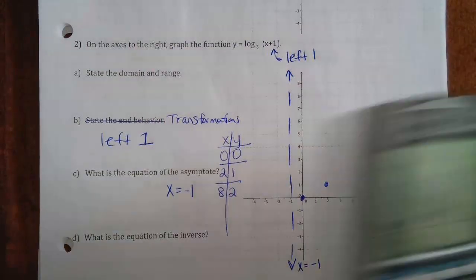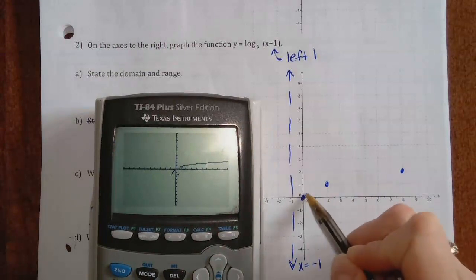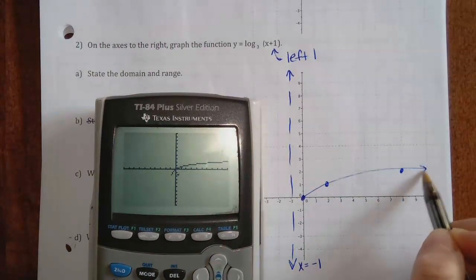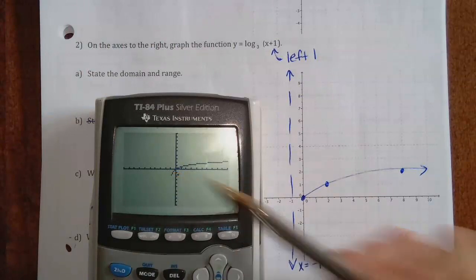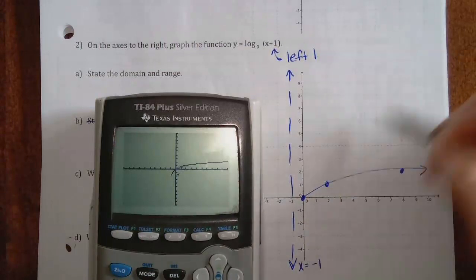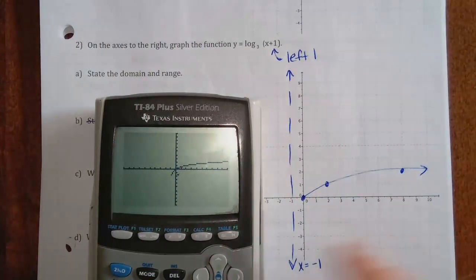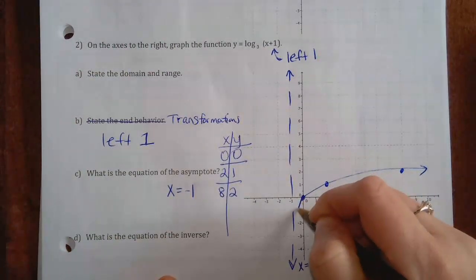But if I were to connect those dots, let me go back to my picture. If I were to connect these dots, my graph is showing me this little nub here that I don't currently have on my graph. And what I want to remind you guys of is that a logarithm is the reflection over this diagonal of an exponential function. An exponential doesn't just randomly stop in the middle of nowhere.